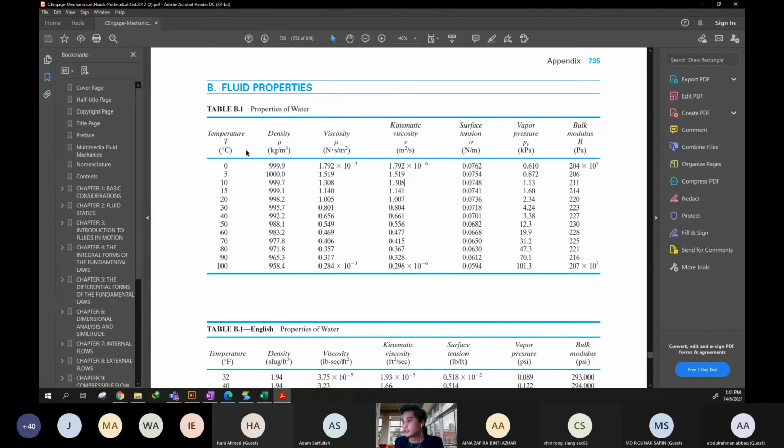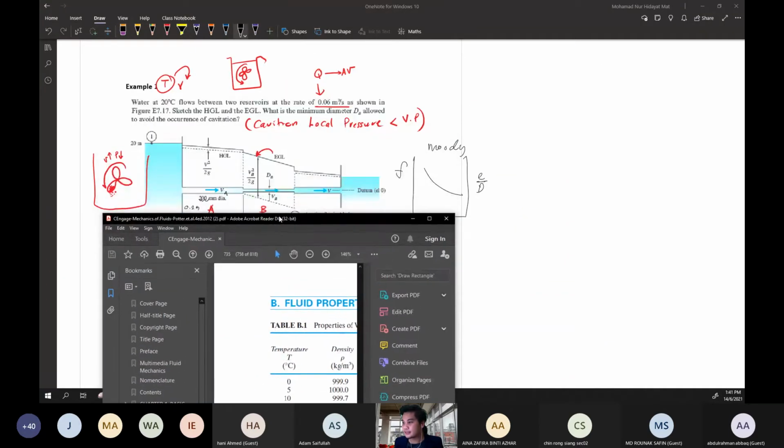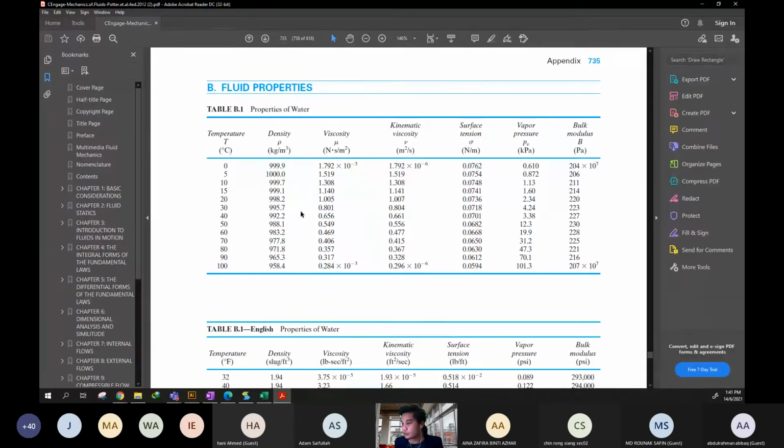Based on the temperature given here, 20 degrees Celsius, will give you the nu, which is 1.007 multiplied by 10 to the power of negative 6.